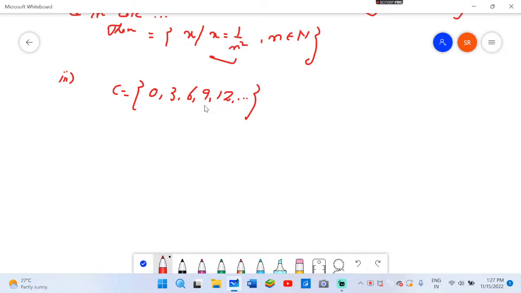So these are multiples of 3 by integers. Say x such that x is equal to 3 times n. It contains 0 also. So which integers? Non-negative integers, which we call whole numbers also. So n is a non-negative integer.